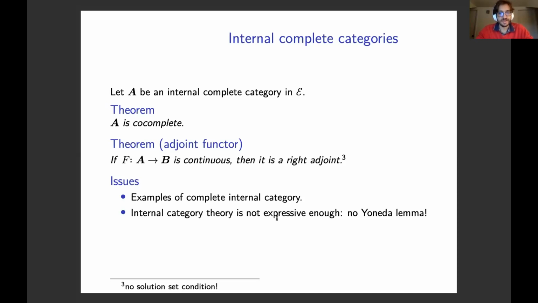The other outstanding issue is that internal category theory is not very expressive. For example, we cannot express the Yoneda lemma. That is because there is no internal equivalent of the category of sets, so there is no hope to get a category of presheaves. And more essentially, the fundamental reason is that the Yoneda lemma naturally lives in the enriched context.